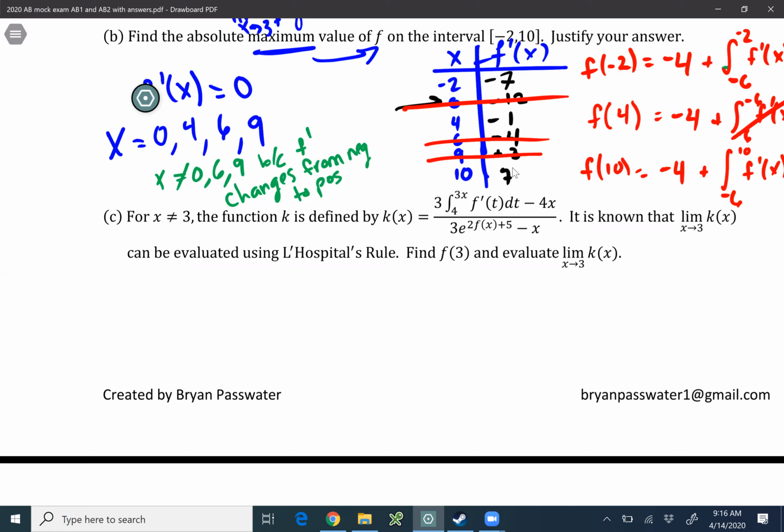It is known that the limit as x approaches 3 of k of x can be evaluated using L'Hopital's rule. Find f of 3 and the limit as x approaches 3 of k of x.